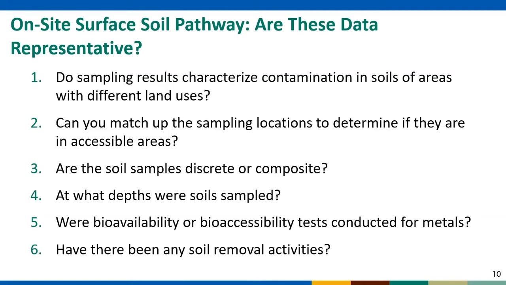The answer is soil samples less than 3 inches deep are considered by ATSDR to be surface soil, and soil deeper than 3 inches is considered to be subsurface soil. The information provided indicates that the depth of the sampling is 0 to 6 inches.